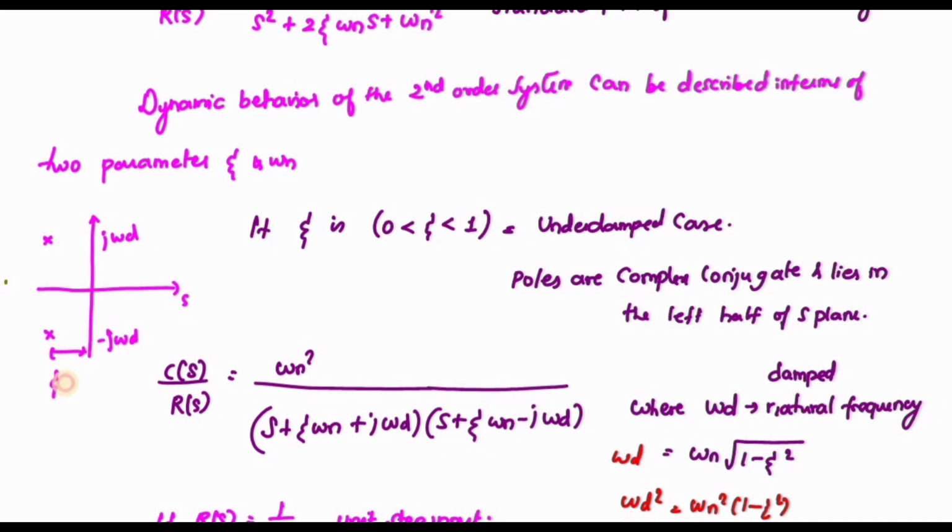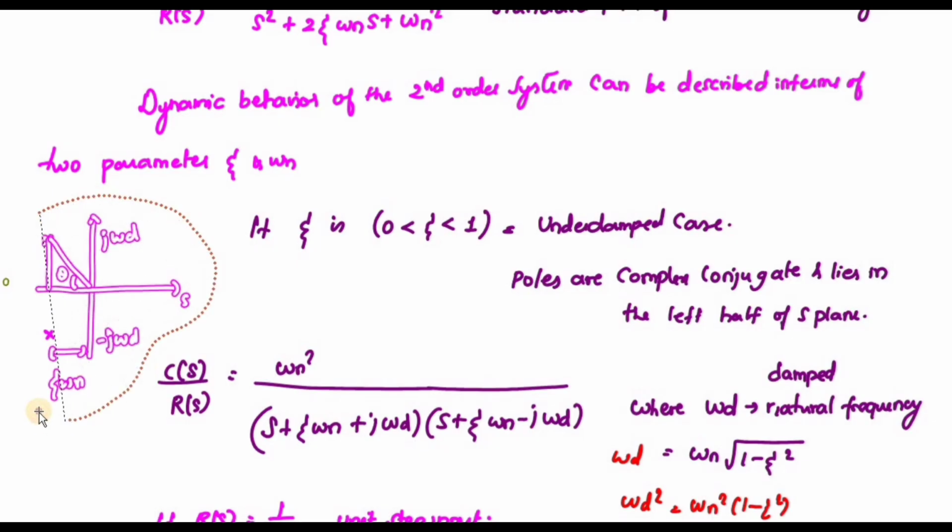So the pole will be here, and this is damping factor into omega n, and this is theta, and the vertical axis is omega d.